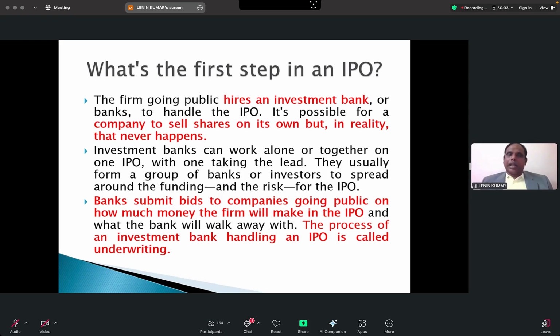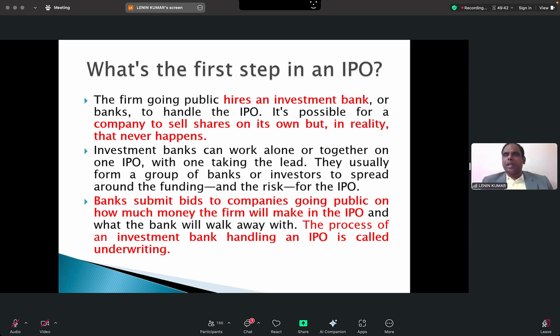Right. So first point, Lulu wants to hire an investment bank. Investment banks can work alone, or together on one IPO with one taking the lead. So who's going to take the lead from the front? A bank is going to take the lead.